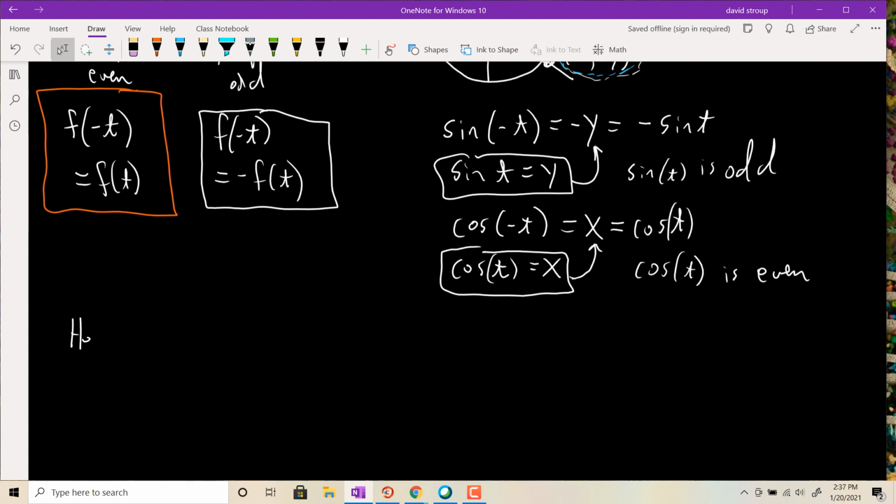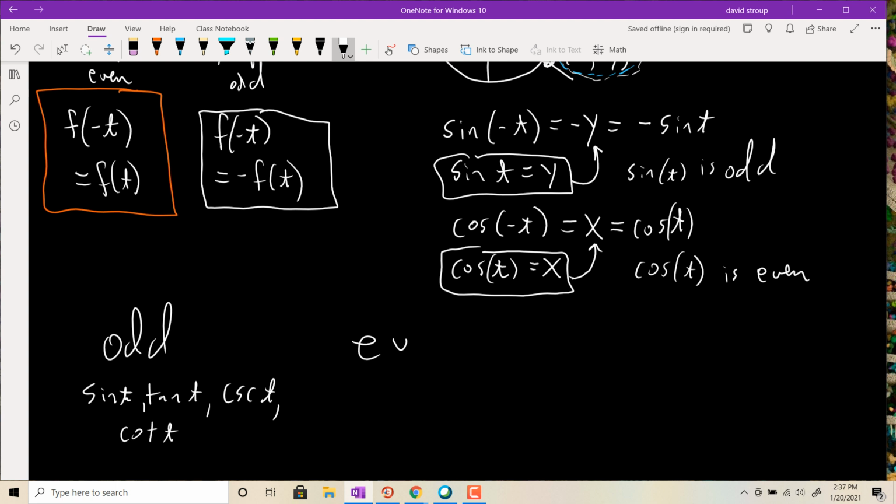I just want to mention the other trig functions. It's noted in the book. I won't show you why, but you could go through the same process and figure it out. The ones that are odd are going to be sine of t, tan of t, cosecant of t, and cotan of t.